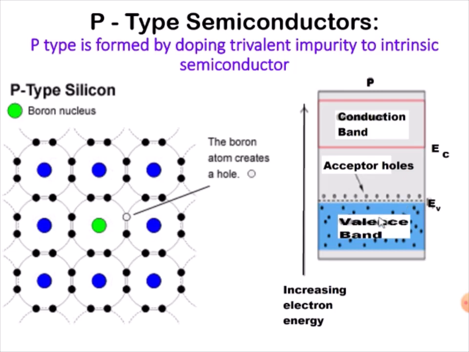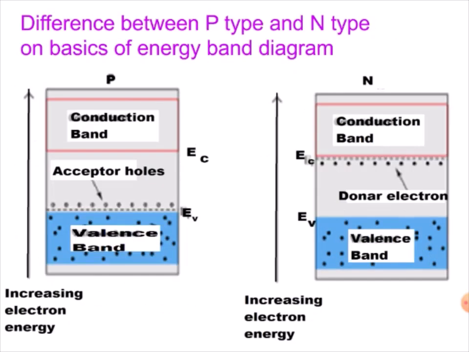Got it? When electrons in the valence band get some more energy, equal to the energy gap, only then can they jump to the conduction band and reach it, and conduction is achieved. Now this is a broad difference between the p type and n type that we have just discussed. Your acceptor hole's energy level is just above the valence band, whereas your donor electron energy level is just below the conduction band.